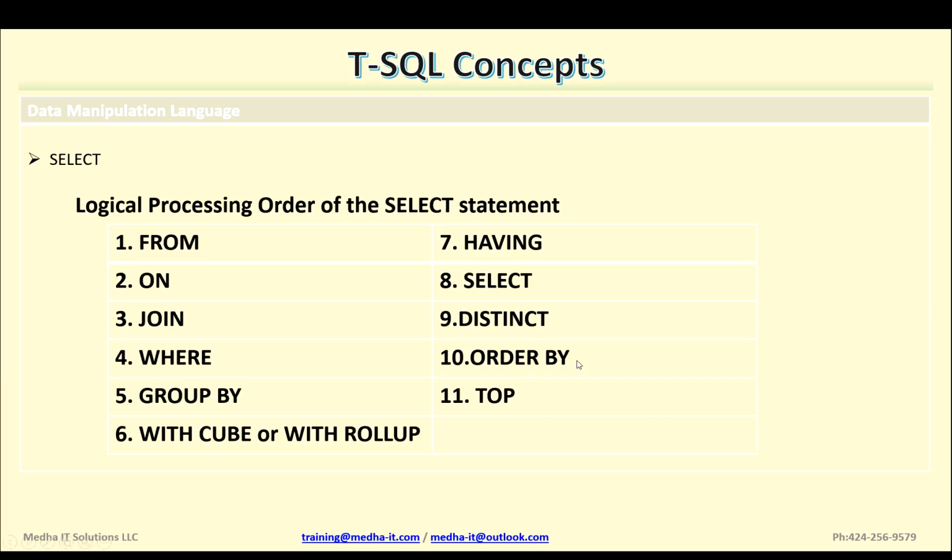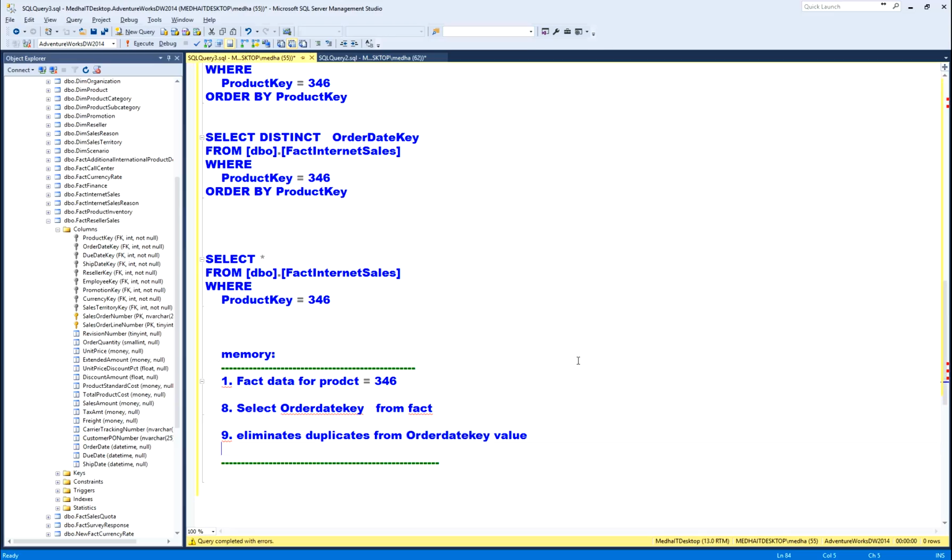Now the 10th step is to process order by. Now SQL Server tries to do the order by. In this case it has only one column in the memory, order date key, it doesn't have any other columns. So it can order by only order date key, right, because in the memory there is only one column, so there is no other column. So it can order by only the available columns.